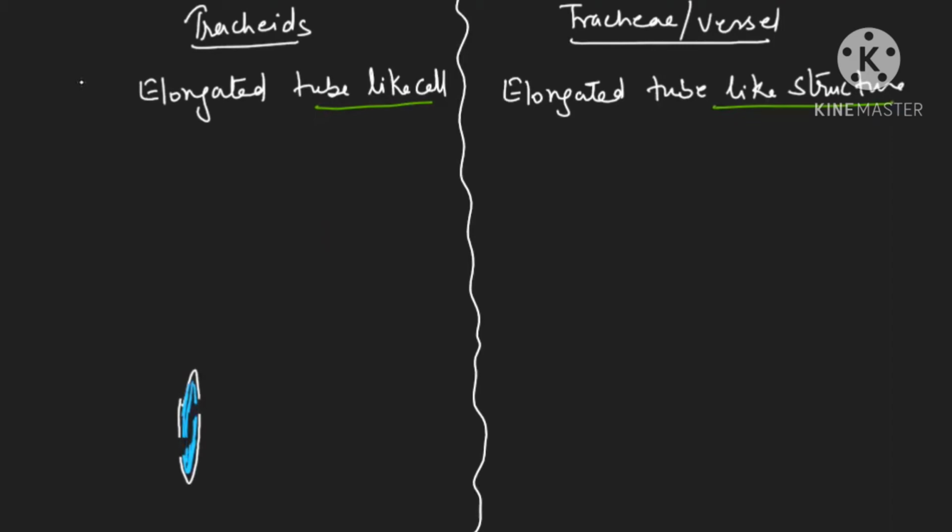These are the pits. So what nature has done, nature has kept many xylem fibers in such a way that the pit pairs should come in contact. You can see here. Okay, let me draw the third fiber.